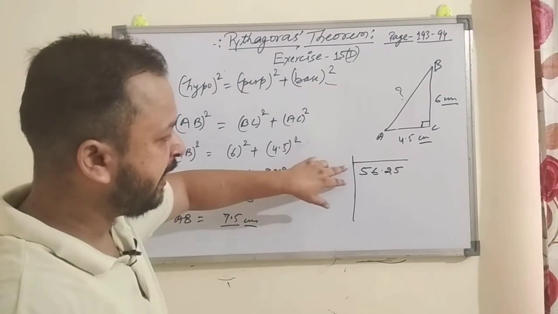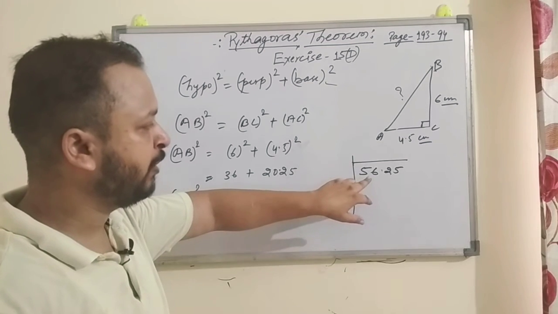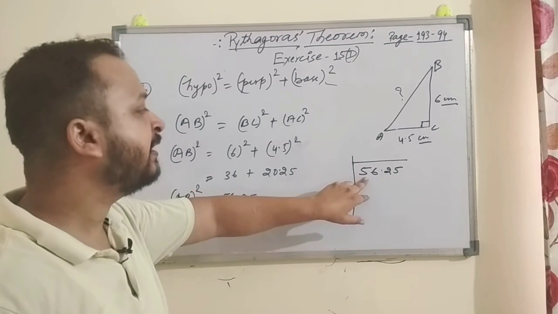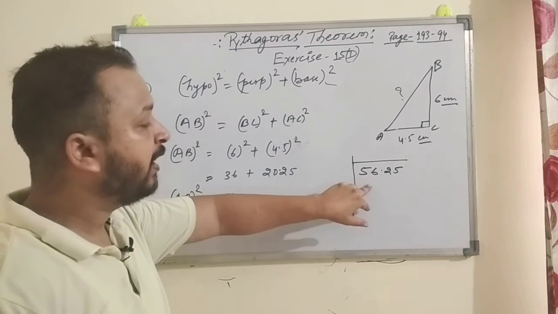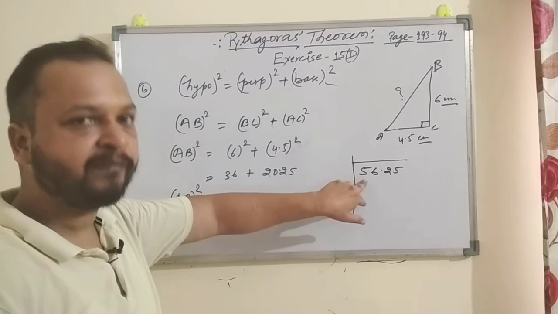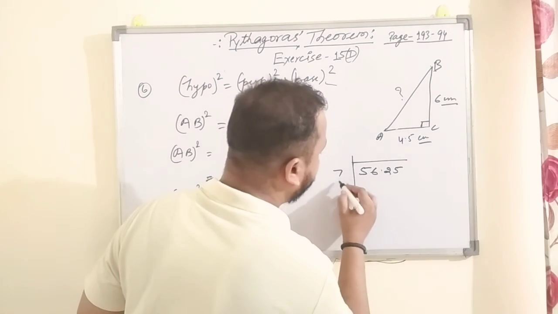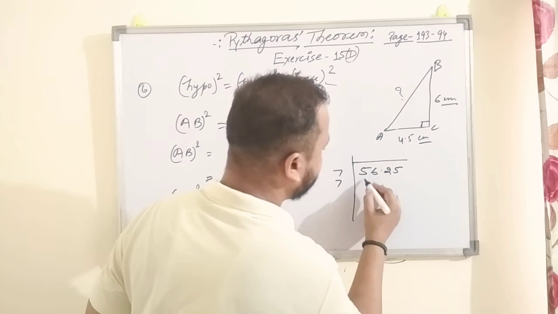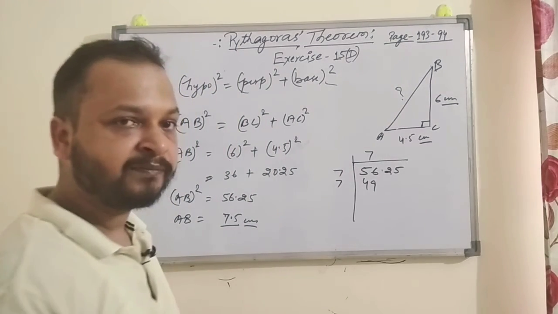So we multiply the same number with the same number, and if this value is below this, then we write it. If we consider 7, 7 is 49, right? If we consider 8, 8 is 64, which is more than 56, right? So we consider 7. 7 into 7 is 49, just write 7 here, right?